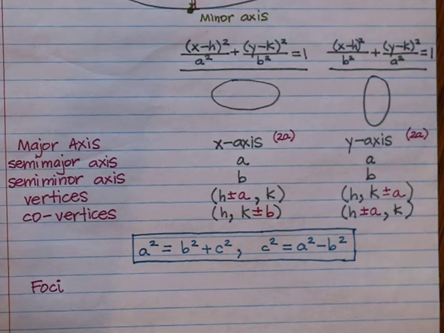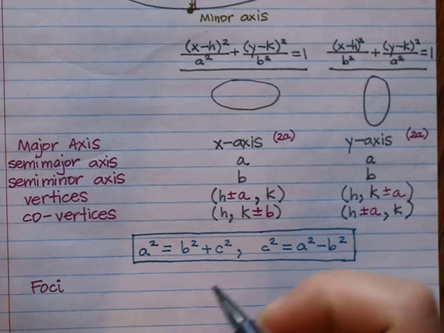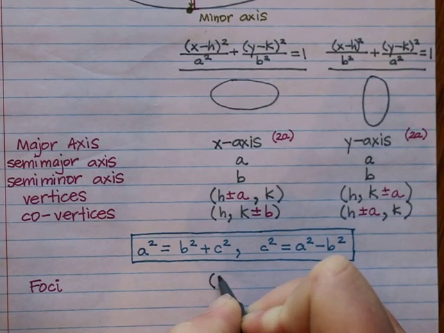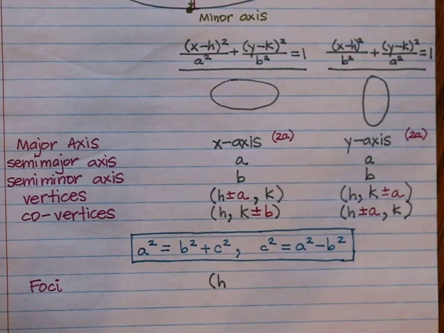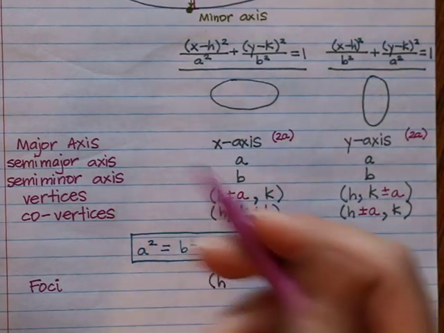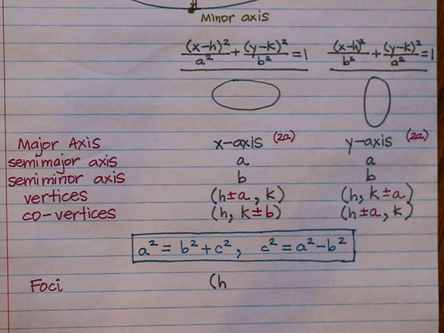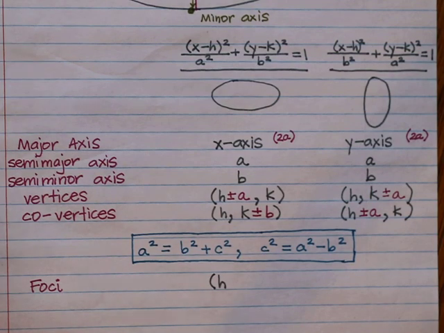Okay, now, once we know what C is, then we're going to write the ordered pairs of our foci. The first thing we're going to do is the horizontal one. C for an ellipse just tells us how far we need to move.